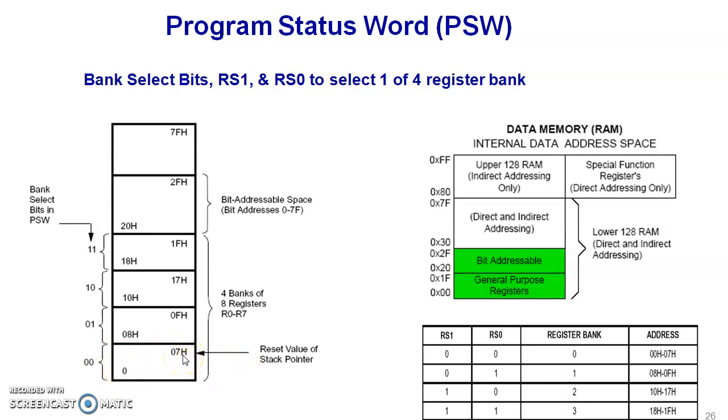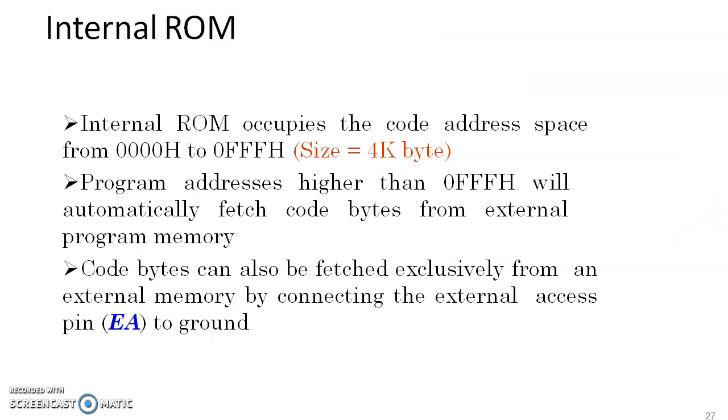By default, whenever you power on the 8051, bank 0 will get selected and the stack pointer will point to 07. This is bank 2, bank 3. These are the bit addressable area and this is the general purpose area. Your bank selection will always depend on the 2 bits in your PSW, that is RS0 and RS1.